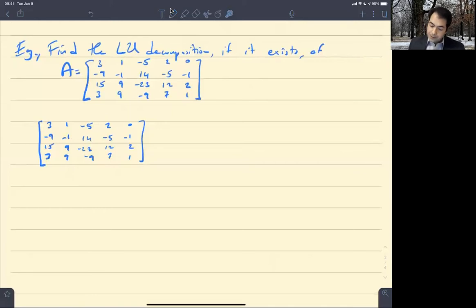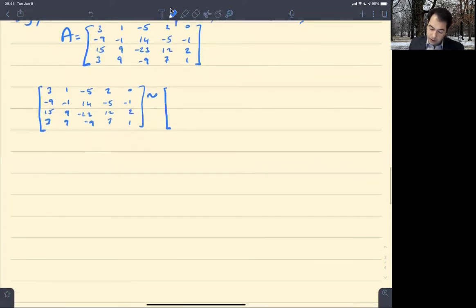Okay. So over here I'm going to keep track of what we do. Here, let me put ones on the diagonal. Here we're going to be constructing L.